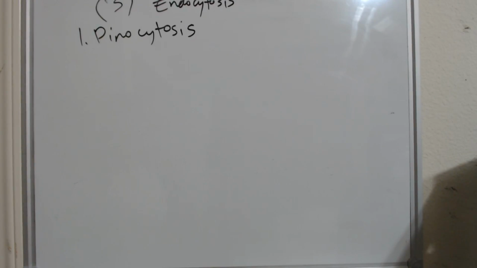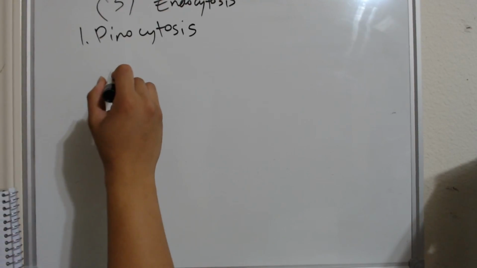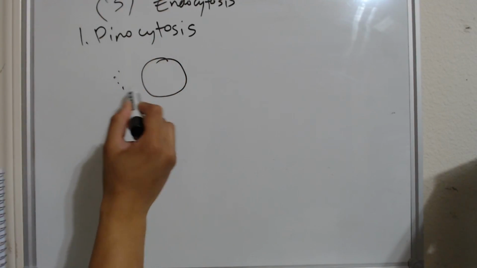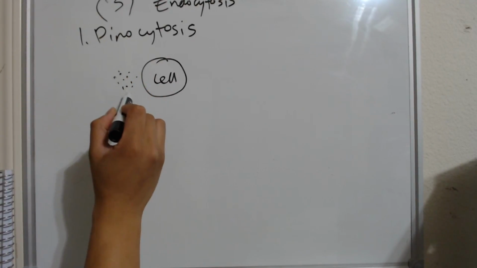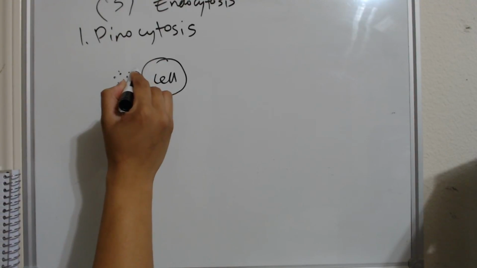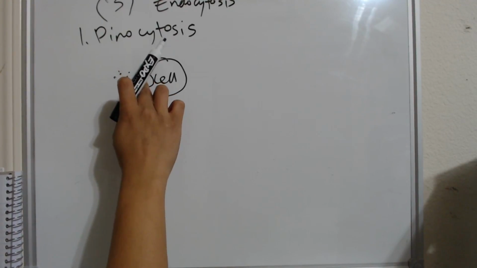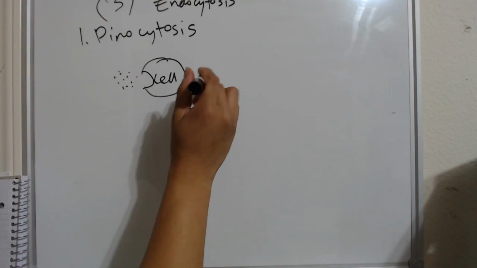You don't get to choose what you get. Same thing with a cell. So whatever's outside the cell, here's a cell. Whatever's outside here, whether it be poop or water, it's going to take that in. The cell will be a bit smaller.